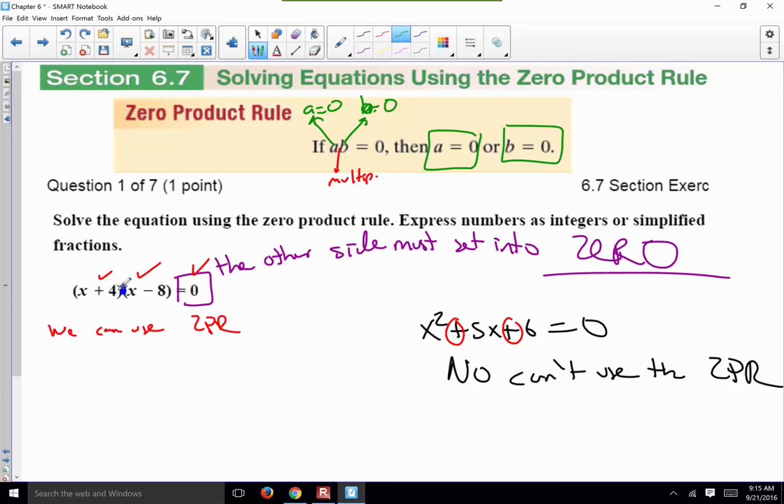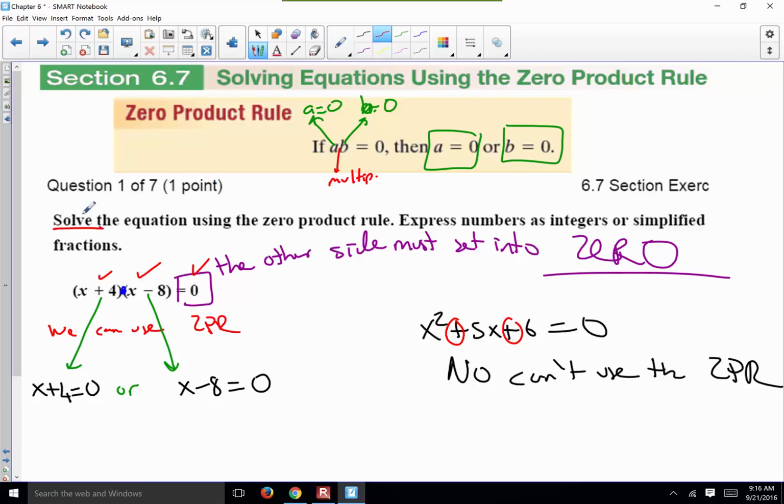What does ZPR mean? You can simply break each piece into their own equal signs, set it into 0. So I can put x plus 4 equal to 0. I can set x minus 8 equal to 0. Everything in parentheses separates their own way and is set to 0. Now how do I solve these?